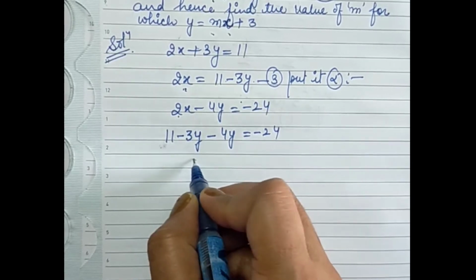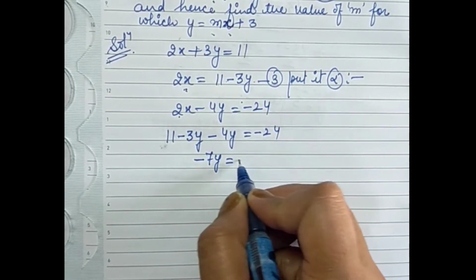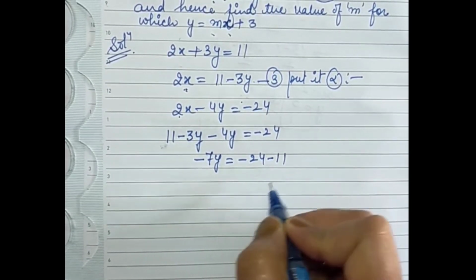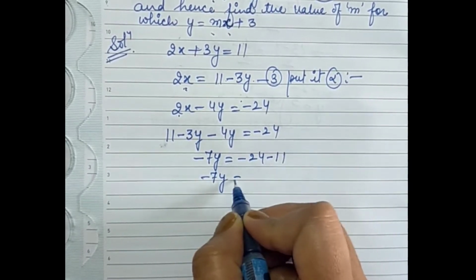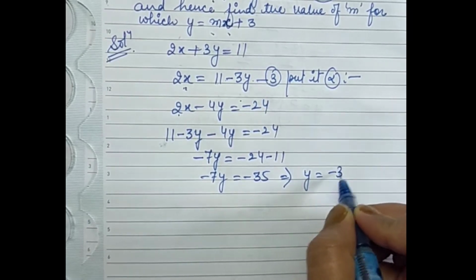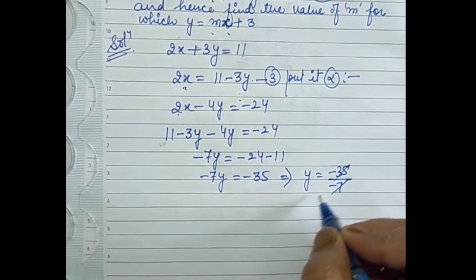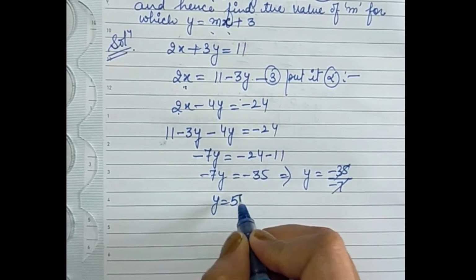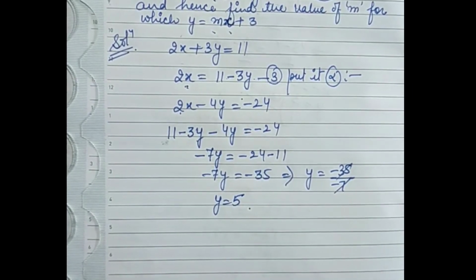This 11 goes over that side: -7y = -24 - 11. So y = -35 over -7, which gives us 5. So we got the value of y as 5.